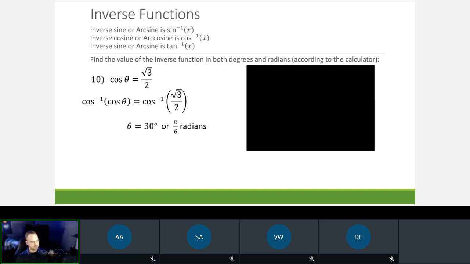If you're in radian mode and you type in the inverse cosine of radical 3 over 2, you hit enter, it should give you pi over 6. If your calculator does not give you that answer in terms of pi, you need to use something else. And this FX, this $15 calculator on Amazon, will do just that.